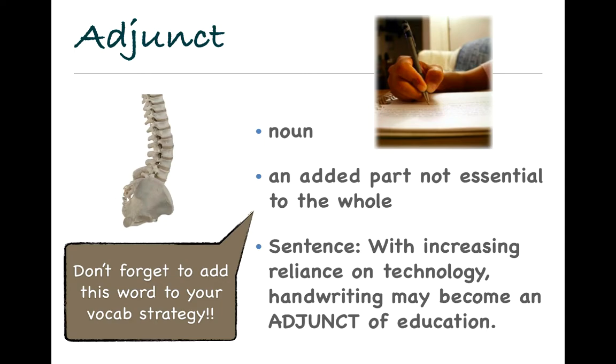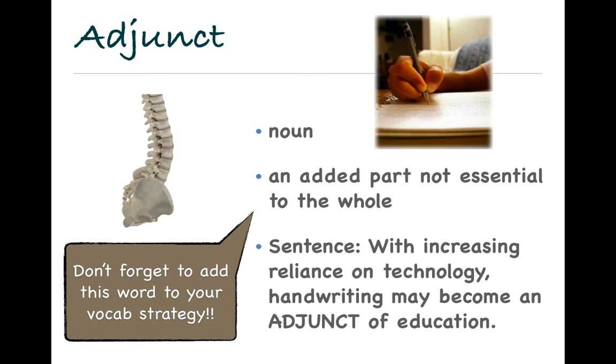The first word that uses jungo as a root is adjunct, and it's a noun meaning an added part not essential to the whole. So as an example, with increasing reliance on technology, handwriting may become an adjunct of education, meaning it's no longer essential because everyone's using technology.